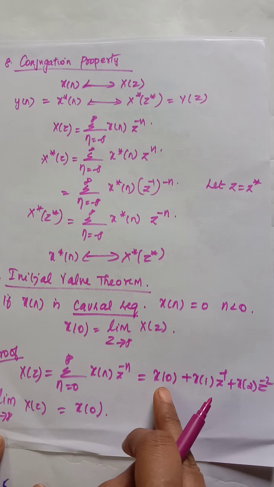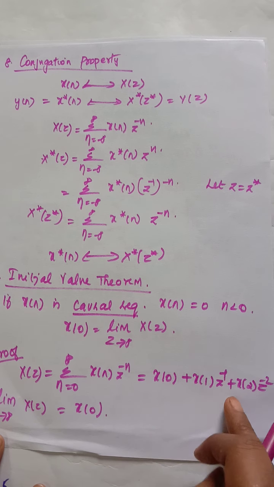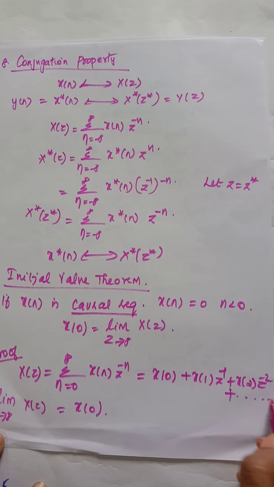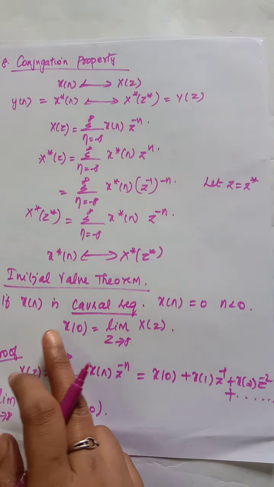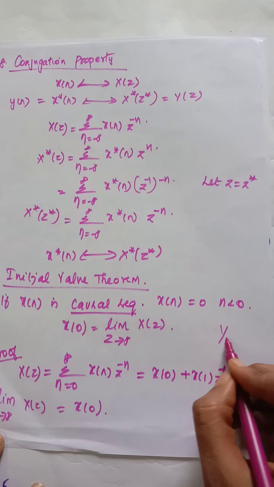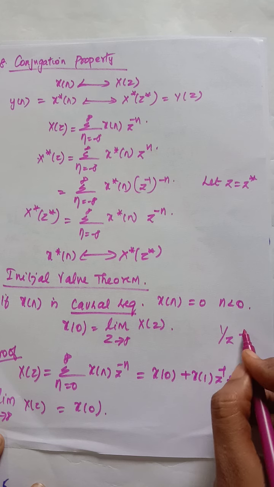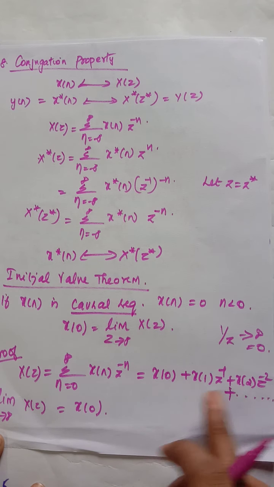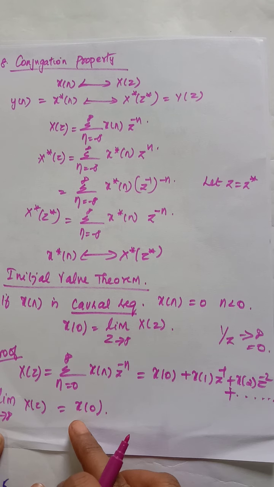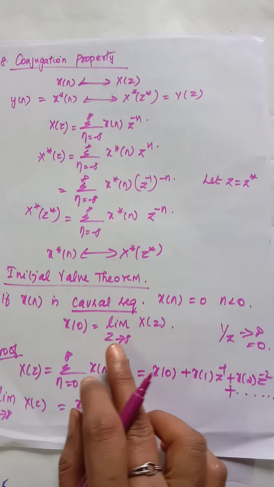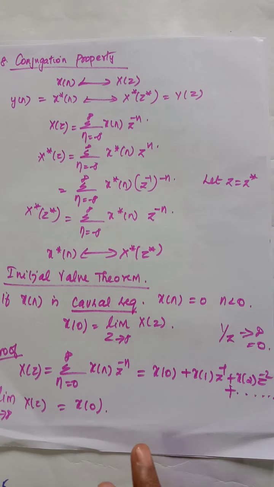I am expanding this: x of 0 plus x of 1 z power minus 1 plus x of 2 z power minus 2, and it proceeds like that. Now I am substituting the limit z tends to infinity. When z tends to infinity, each z power minus n will be 1 by z power n, which becomes 0. So all the terms will become 0, and only x of 0 remains. So the initial value x of 0 can be obtained by tending z to infinity in x of z.